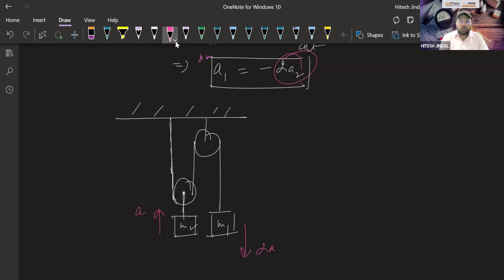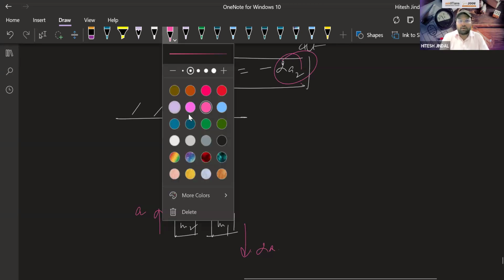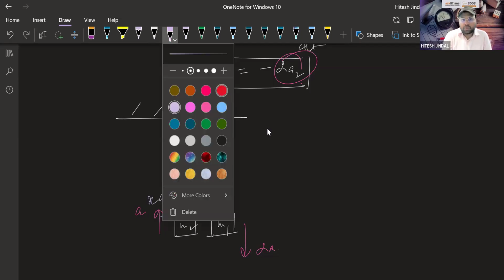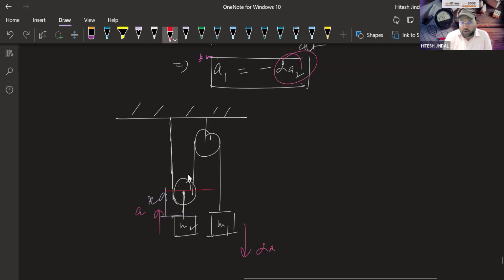You can also see it in this way. Let's say m2 is going up with some distance x, right? So this pulley is going up x. Same thing. If m2 is going x up, the pulley is also going x.